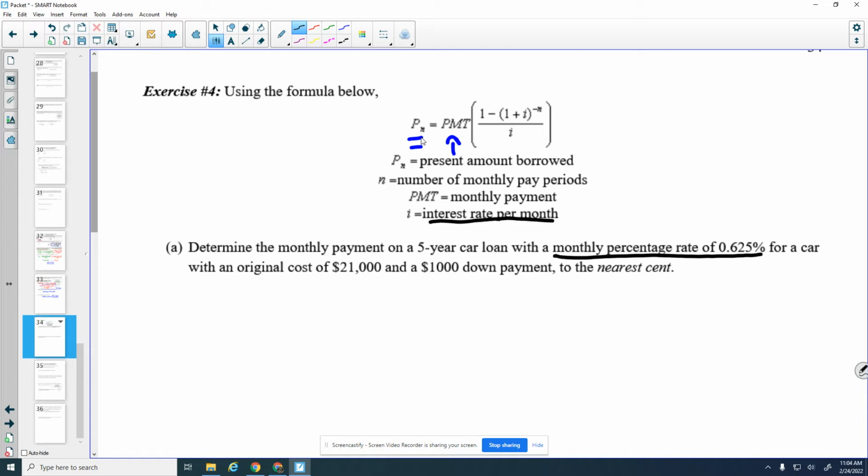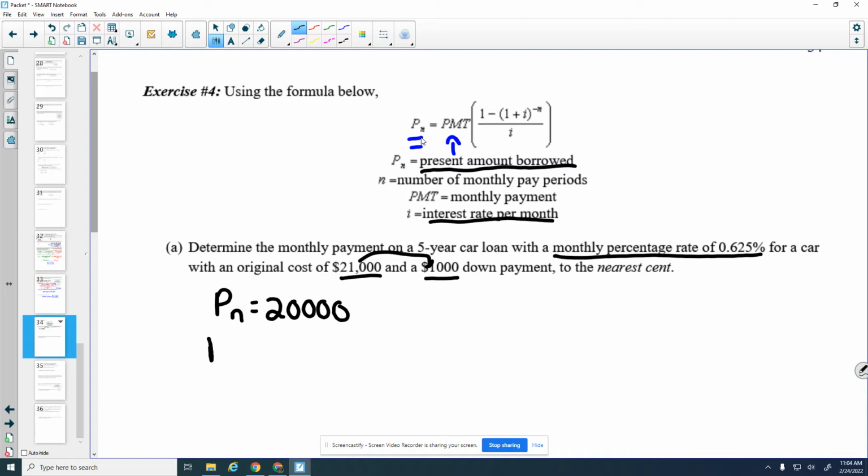First off, a down payment means you paid something in the beginning. So even though the original cost is $21,000, I already paid $1,000 of it. So my present amount borrowed, P sub n, is just going to be $20,000. That comes from subtracting the down payment from the cost.